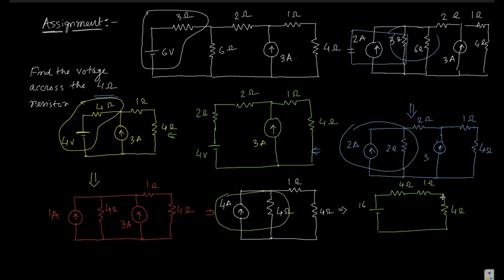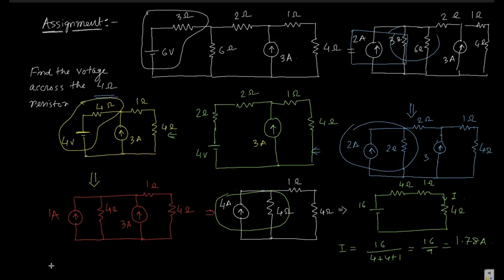So I is flowing through it. What should be the value of I? The value of I is equal to 16 by 4 plus 4 plus 1, that is 16 by 9, which is 1.78 ampere.